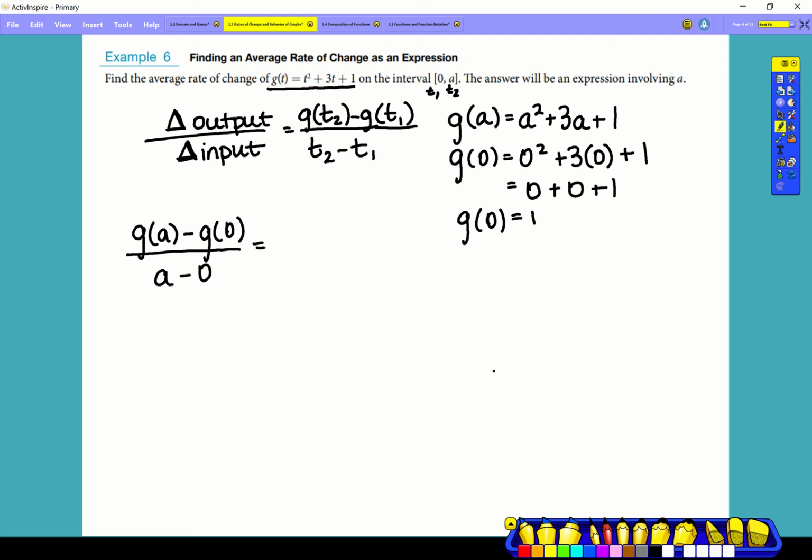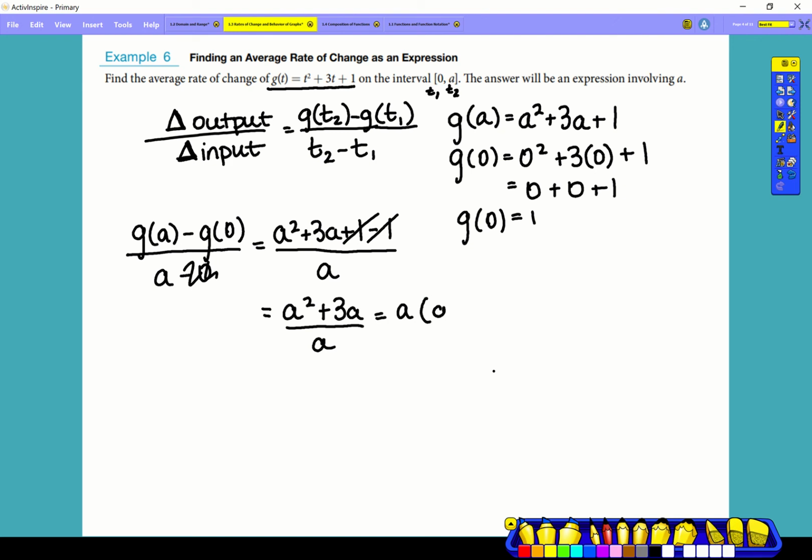That's going to give me a squared plus 3a plus 1, which is g of a, minus g of 0, which is 1, divided by a. These obviously cancel out, so we are going to have a squared plus 3a divided by a. Well, looks like we can also cancel out an a, right?